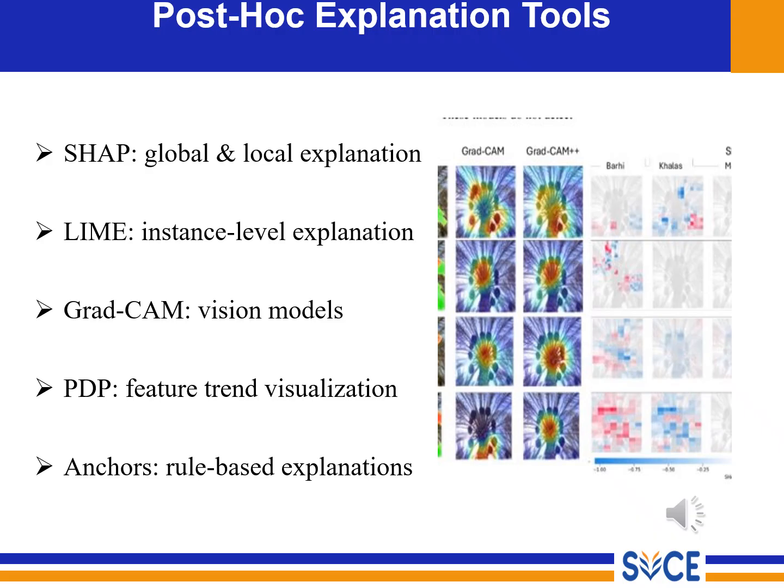Then PDP, partial dependence plots, which visualize the trend of a feature's effect on the prediction. Anchors generate rule-based explanations. It's like if age greater than 30 and income greater than 50K, then approved.